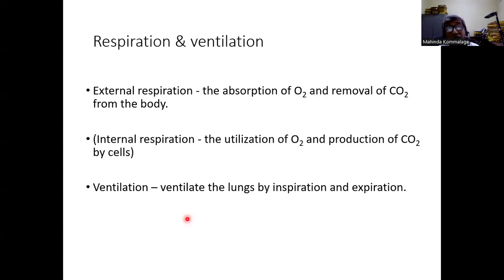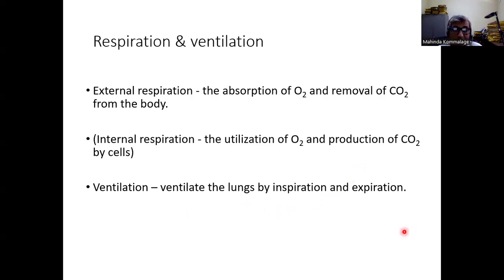But ventilation is not respiration. We can talk about ventilation even in our home, in your room. Ventilation is the airflow, isn't it? If you say ventilation in your room or lecture hall is poor, that means airflow is poor. In our body also, ventilation is the airflow, that means inspiration and expiration.